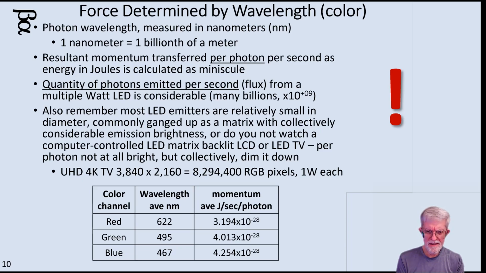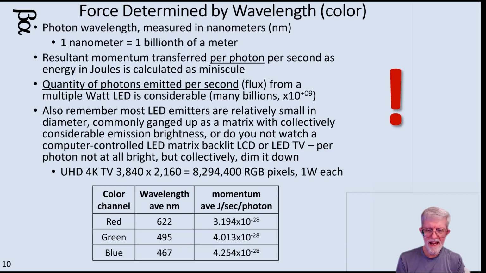Now, if you don't think that that can ultimately wind up being bright, I would ask you to take a look at your computer display or your TV set. If they are either LED backlit LCD or LED, then the light that's coming into your eyes is courtesy of LEDs producing those little tiny photons, bajillions of them.